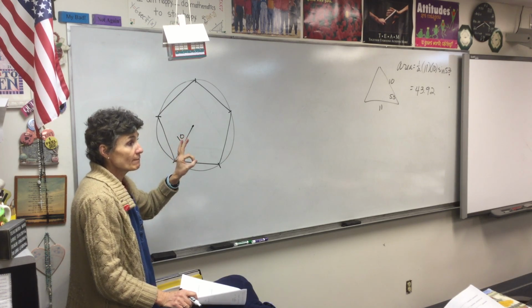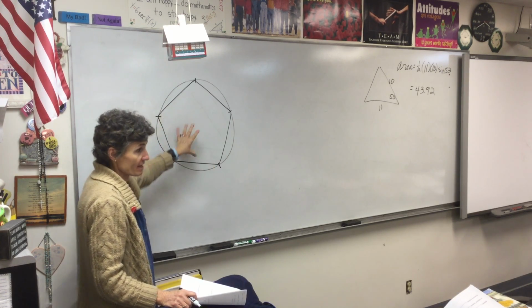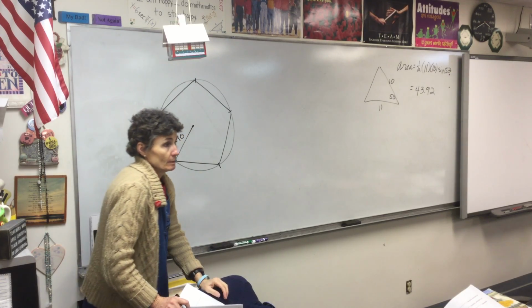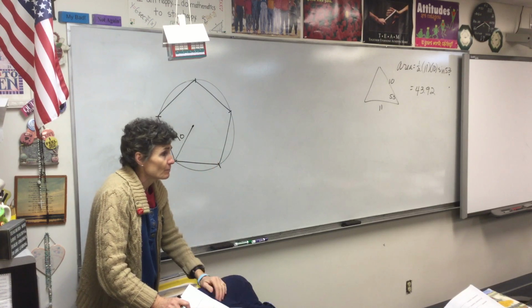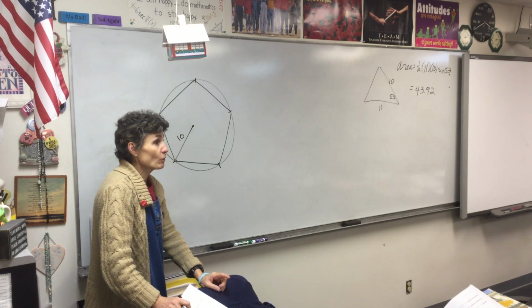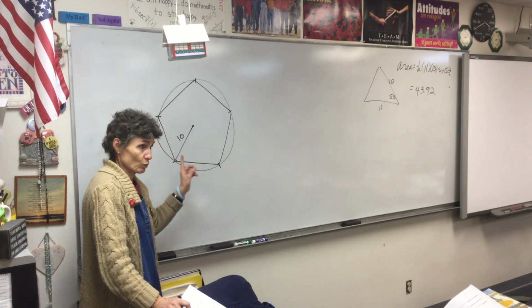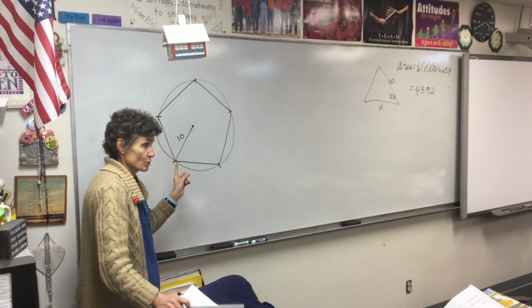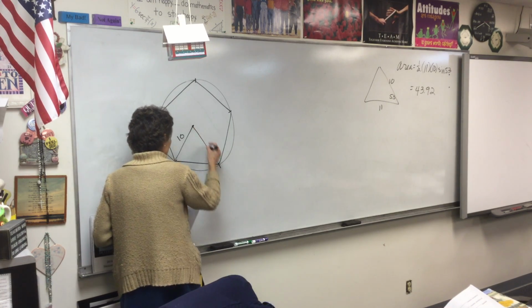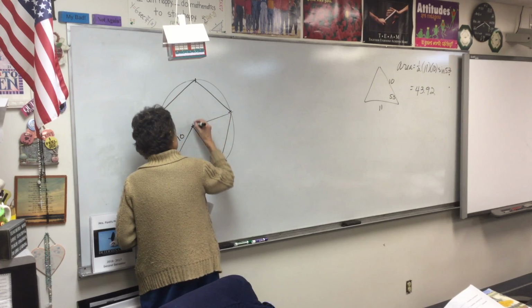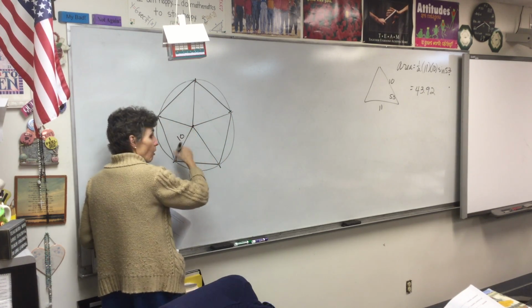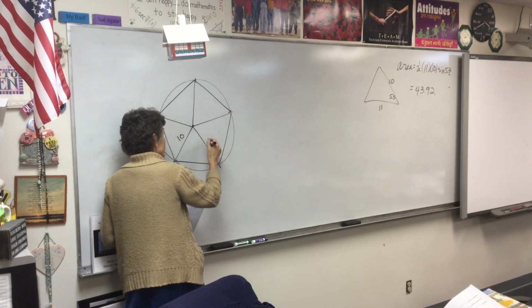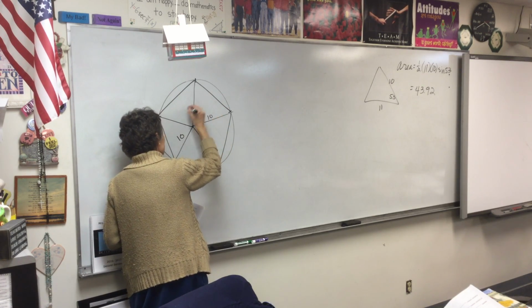Now, you need to find the area of that picture. So first, I'm gonna add in all the spokes of the wheel. And how long are all those spokes? They're all 10. Everything's 10.